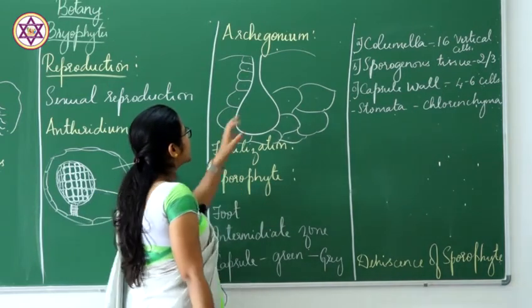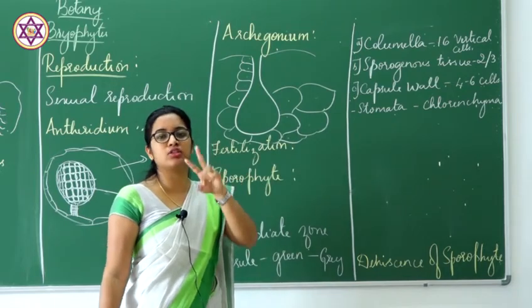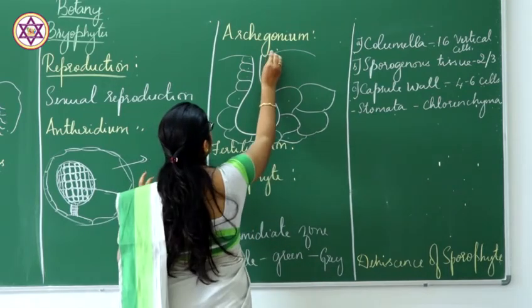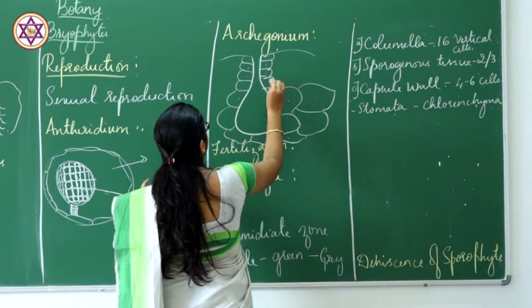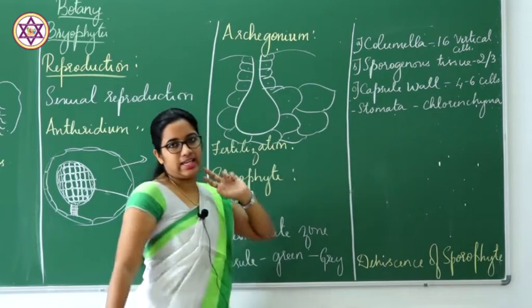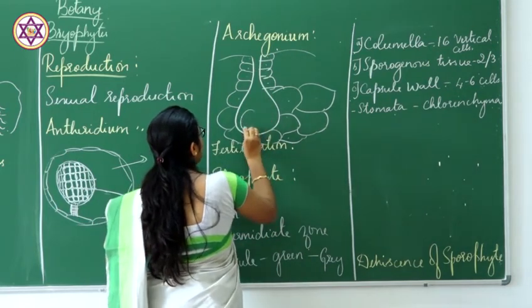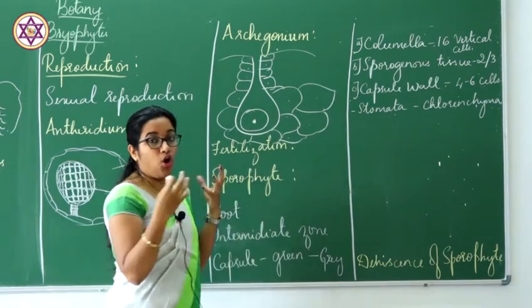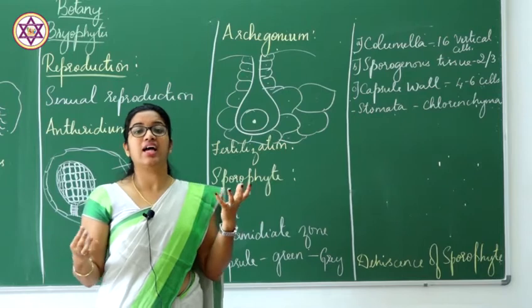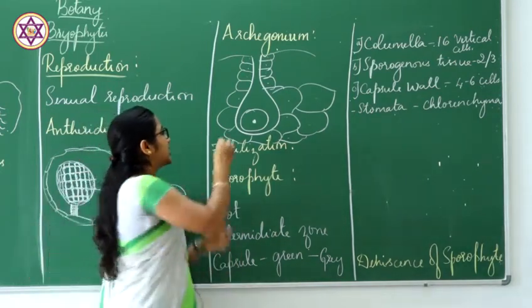Now they consist of four neck cells in 2 rows, that is, these are the neck cells, the cells adjacent to the neck region on the thalli. Then they consist of a special cell, the egg cell, which is big in size with all the reserve food material, and another special cell, the venter canal cell.